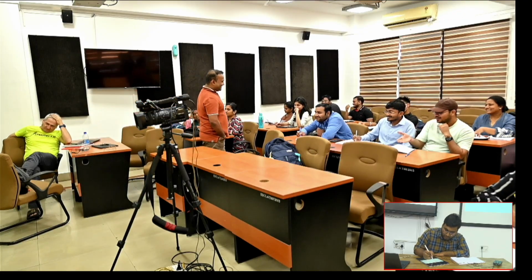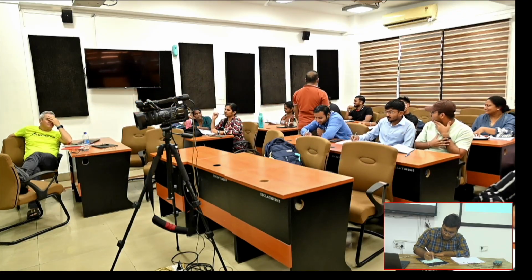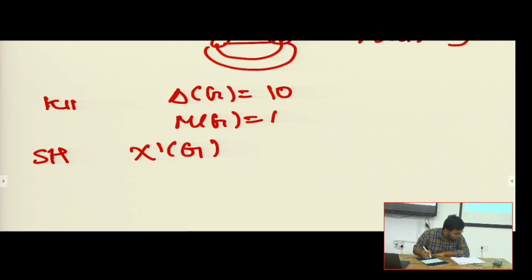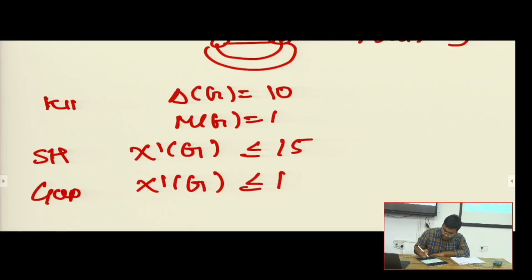K5, K11. So 10. Three by 2 into 10 is 15. This and Gupta's bound. Here Gupta's bound is better than the Shannon's.